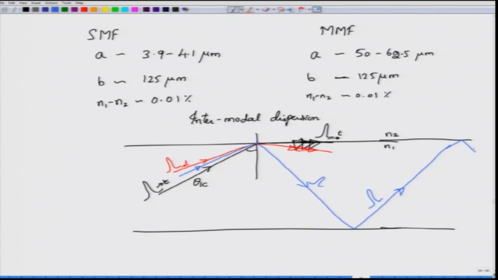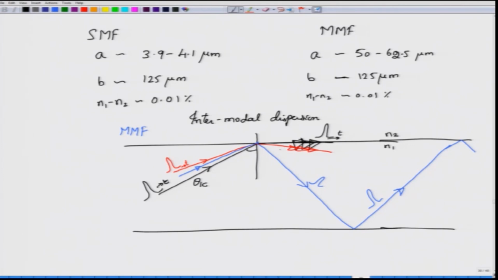So, what you have seen is that in these multimode fibers, when one couples identical information, an identical pulse, into these different modes, each of those rays of light which carry these pulses travel through the fiber with different velocities.